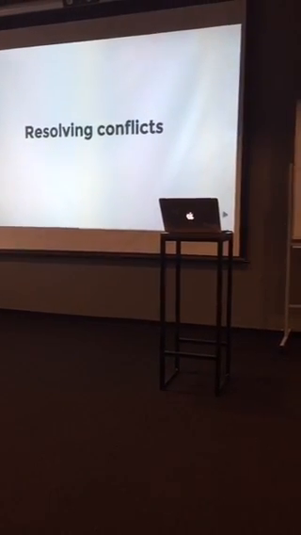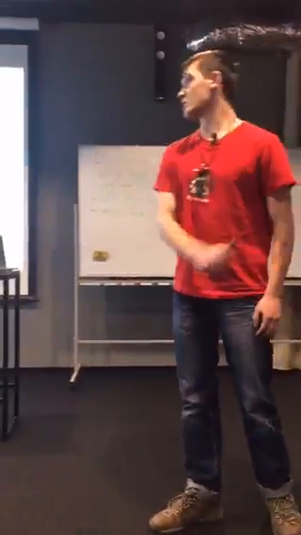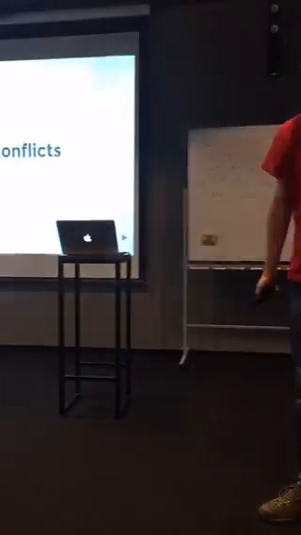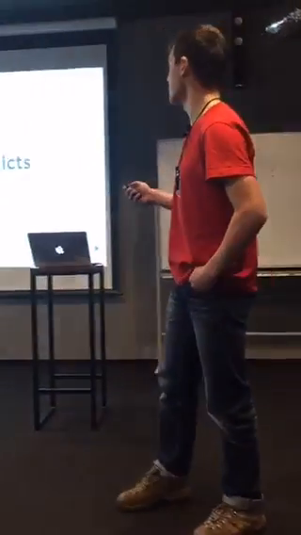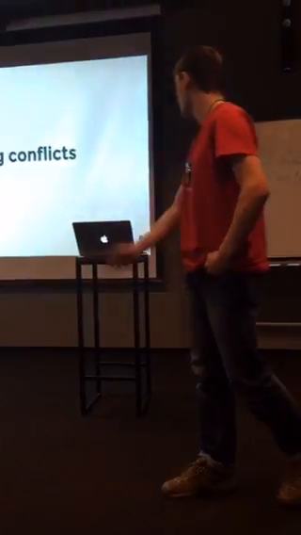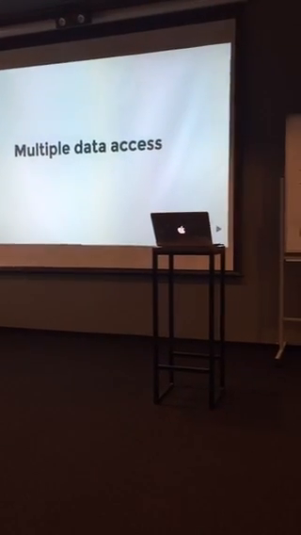And when you do synchronization between different storages, you have conflicts. It's like Git. You should merge data between different storages when you have a live application. And you have multiple data access.